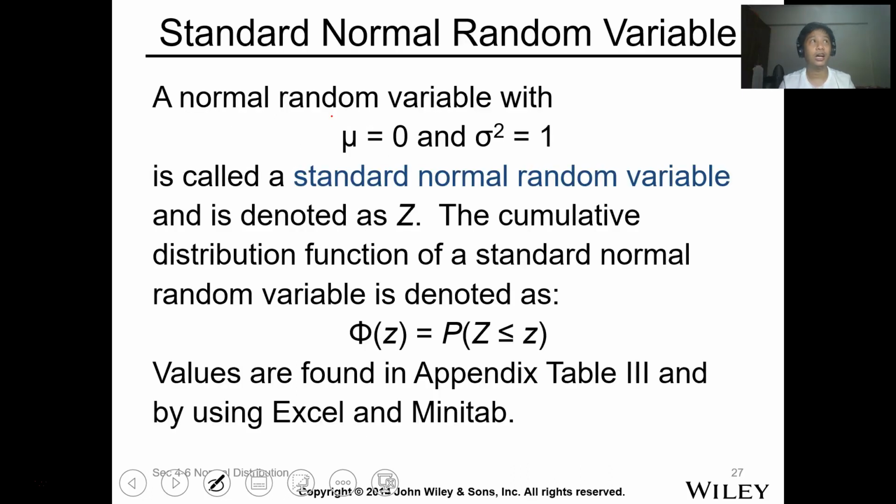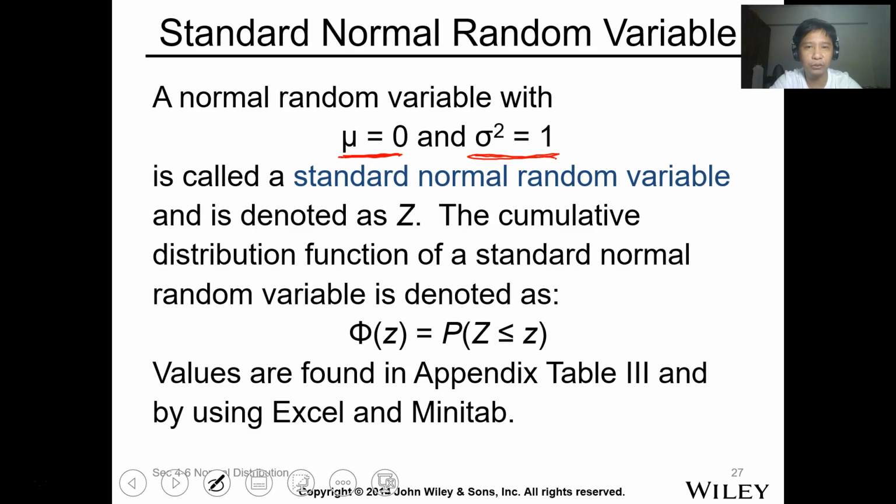So, usually, in order to simplify a normal random variable, we utilize the standard normal random variable. So, ano yung standard normal random variable? We use a mean value of 0 and a standard deviation of 1.